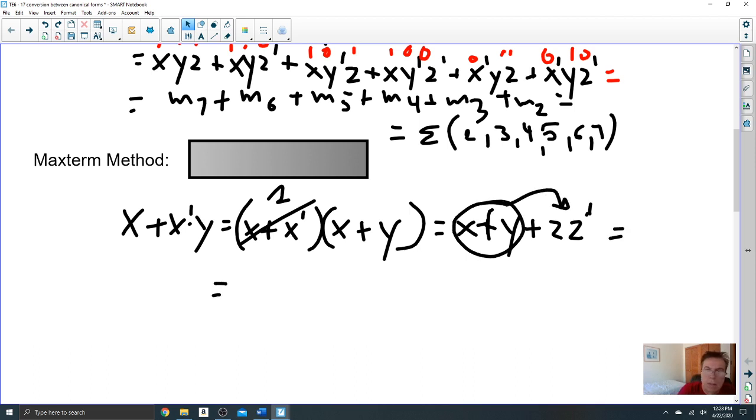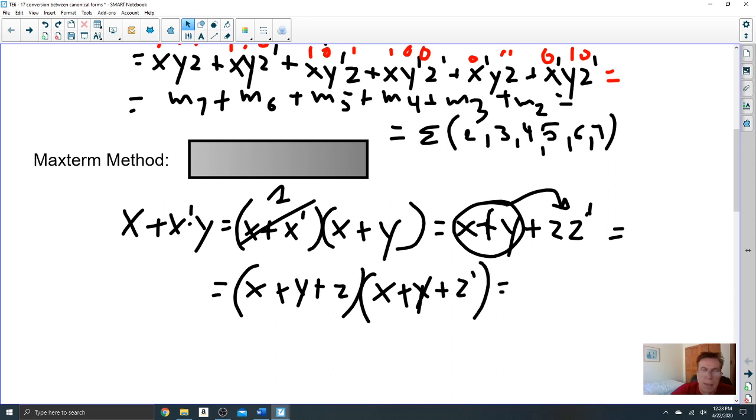So let's look at this. We're going to have the following: x plus y plus z and x plus y plus z prime. Okay, those are max terms, definitely. So we have to recognize which max terms we have. For max terms, the binary method works like this. If the max term is unprimed, you put 0. If the max term is primed, you put 1.